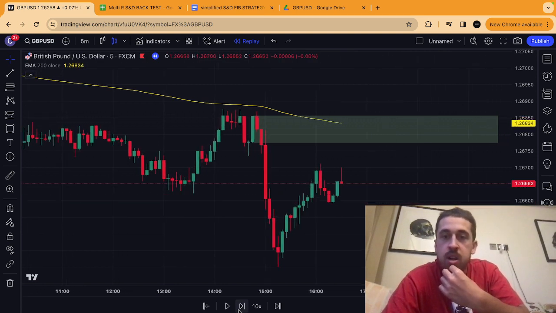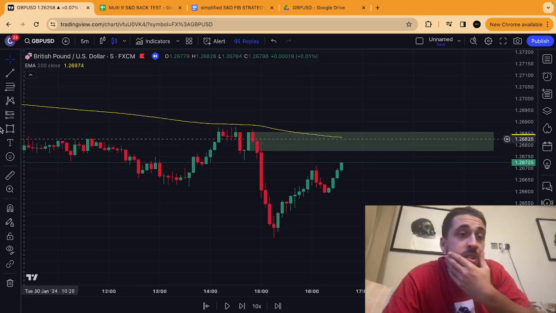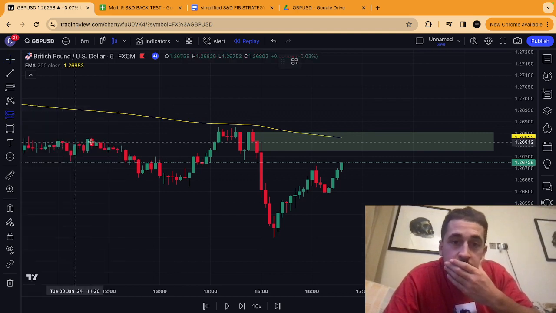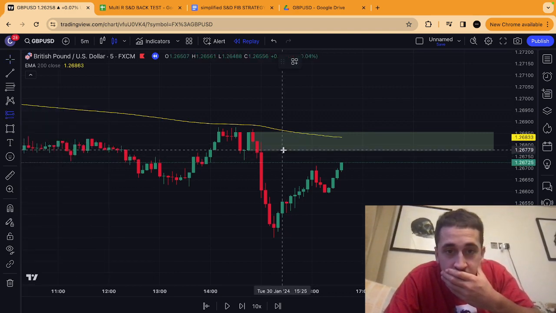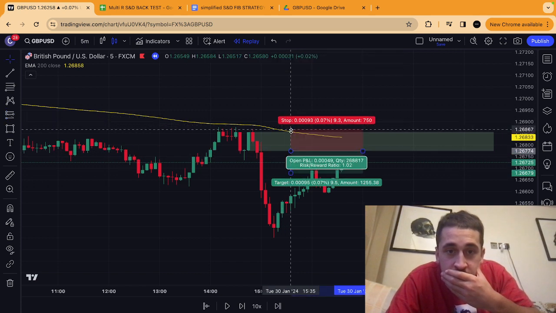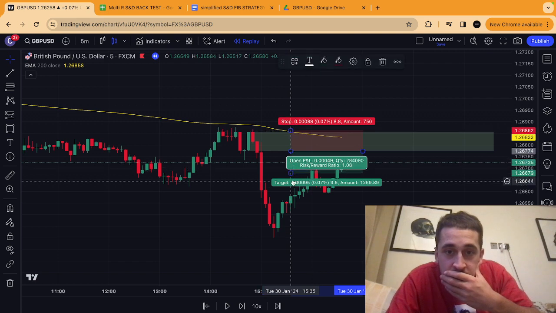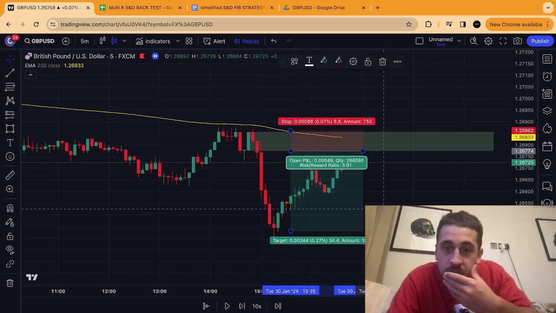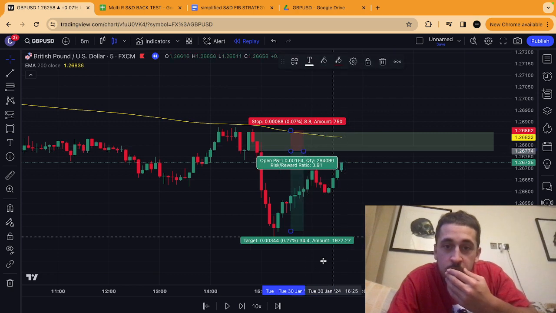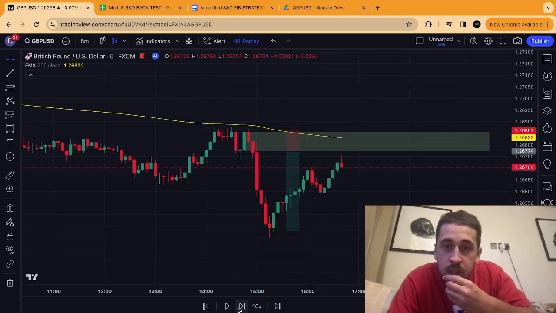Alright, let's see what we got. This is looking nice because we got a fair value gap here, which is pretty much attached to the zone, and the risk to reward is just healthy, it's worth doing, so let's do it.